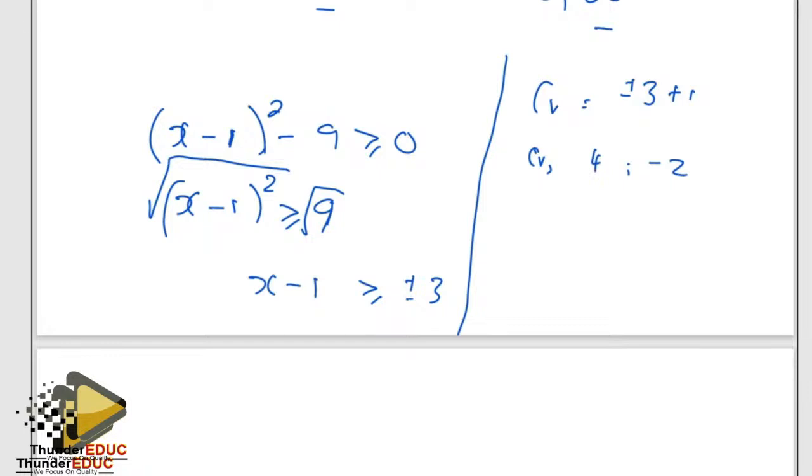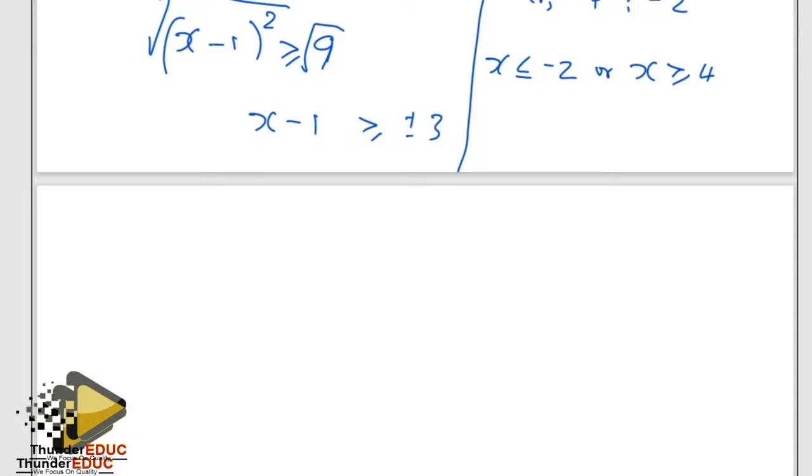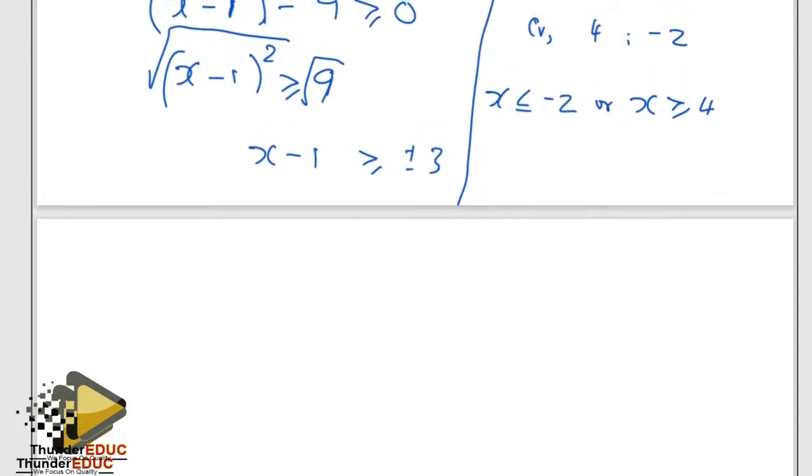But now, since our a is greater than 0, and the inequality symbol is also greater than, x must be less than or equal to the smaller value, or x must be greater than or equal to the bigger value. For candidates that prefer to use the diagram of the parabola, if I sketch my parabola, I'm going to end up with something like this.